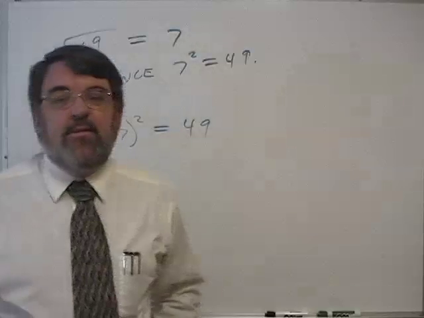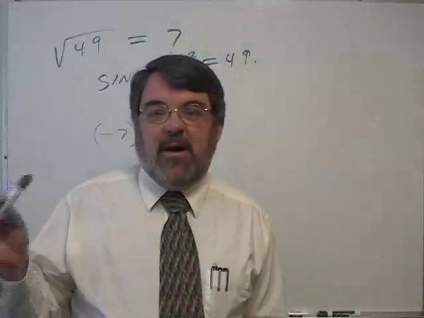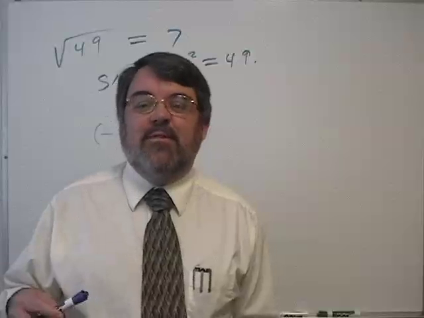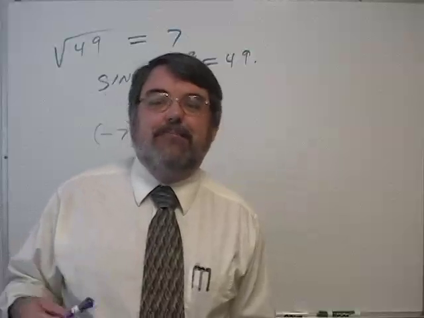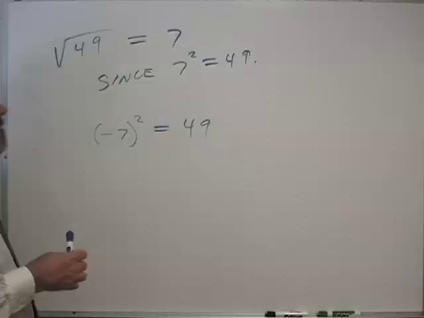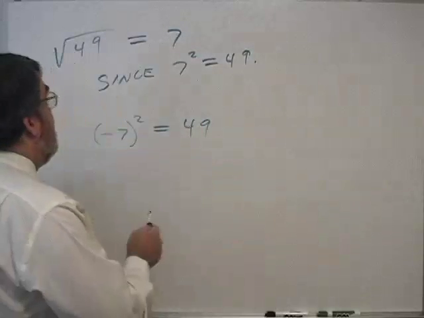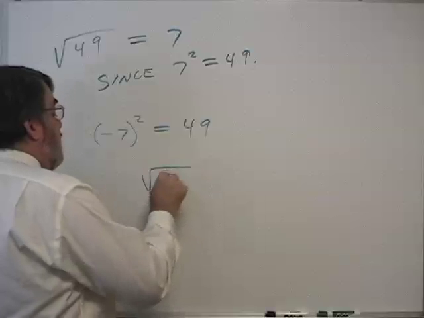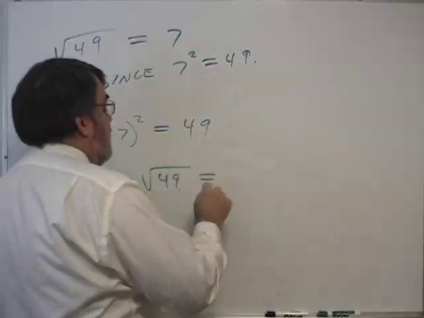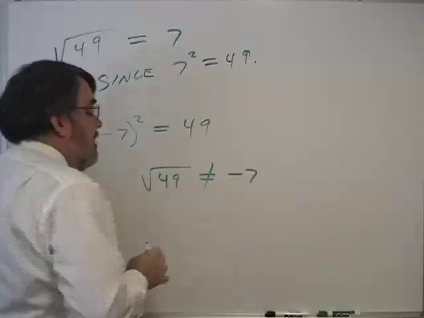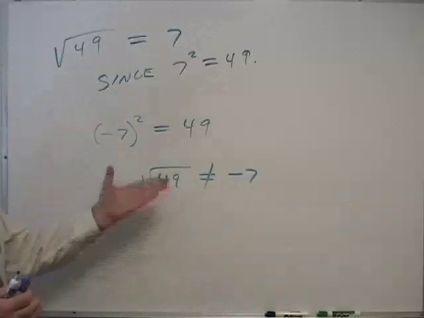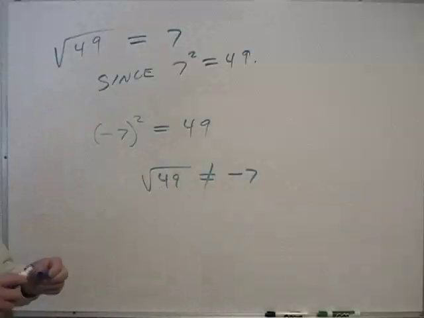And so the square root is always a positive number, or there's an exception with 0. Square root of 0 is 0. But square roots are defined to be positives. So it would be false to say that the square root of 49 is equal to negative 7. Okay, that's wrong usage of these symbols.